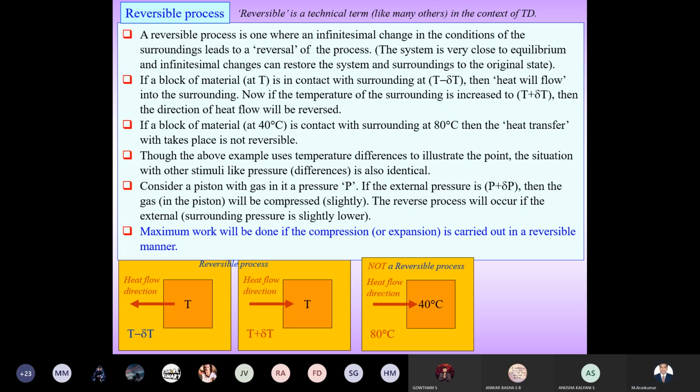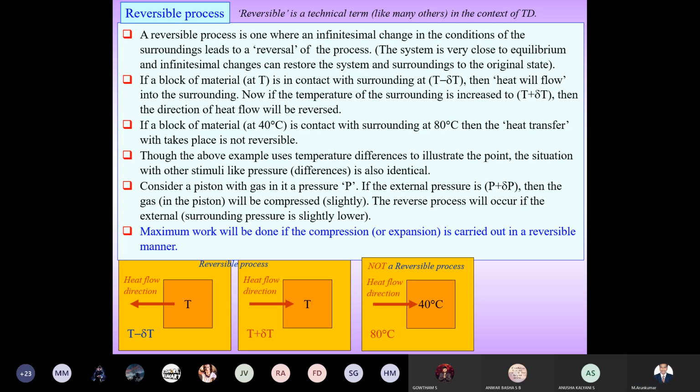That will lead to a reversal: if the system goes from point 1 to point 2, again it will try to come back to its original position. One example is rubber, an elastic material, right? So it will try to come back to its original position. Like that, if the process gets reversed, that is called a reversible process.